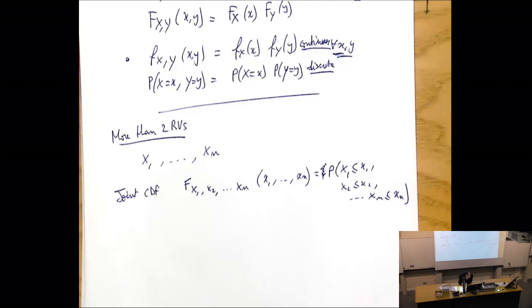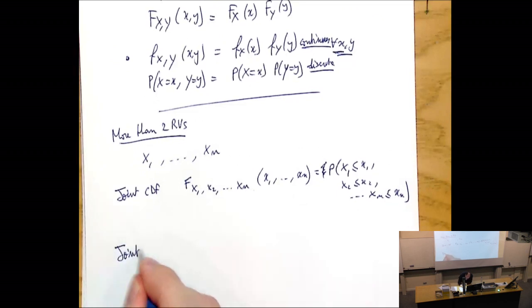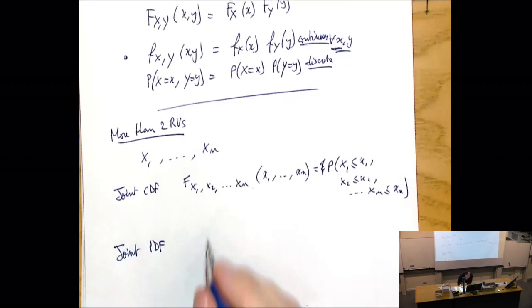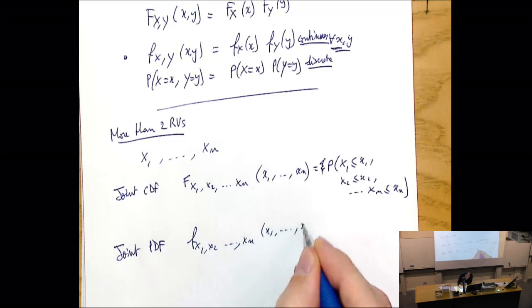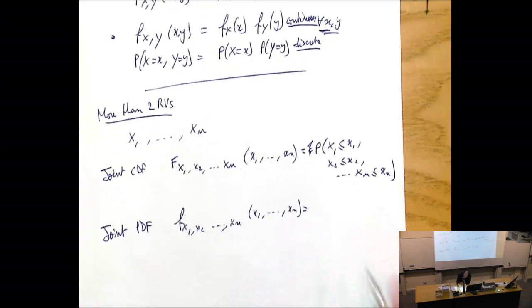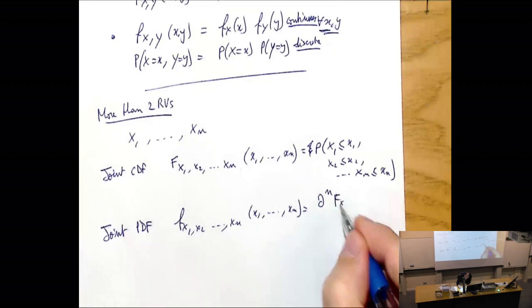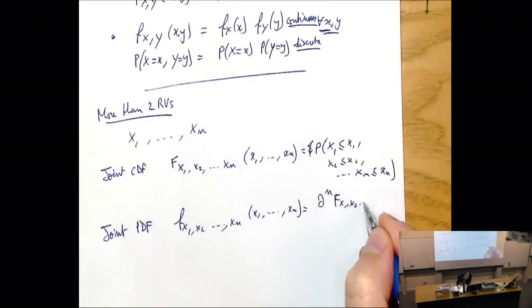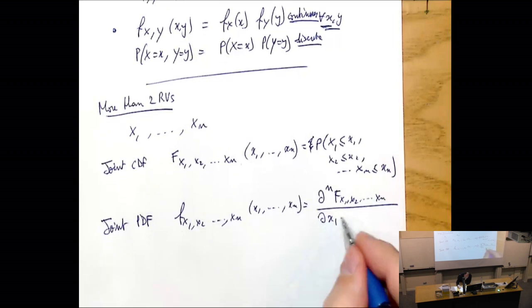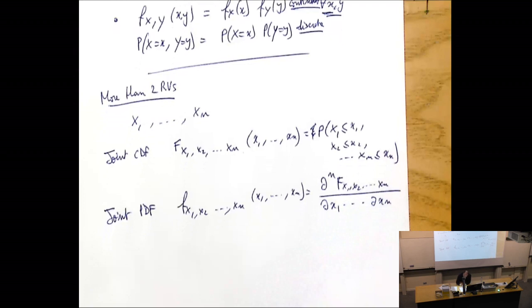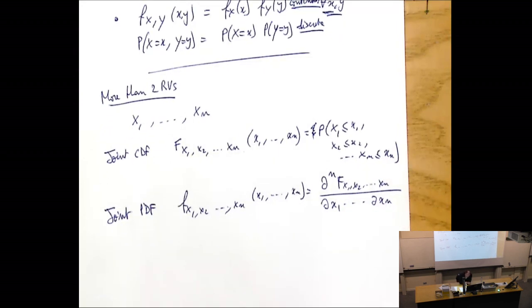And you can define the joint PDF of X1, X2 all the way to Xn, assuming the derivative exists, by taking the nth order derivative of this joint CDF with respect to x1 all the way to xn. Okay, so you can do this as well for n random variables.